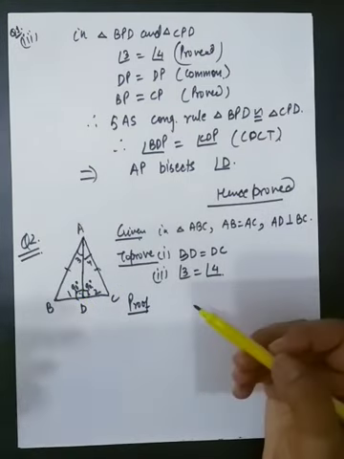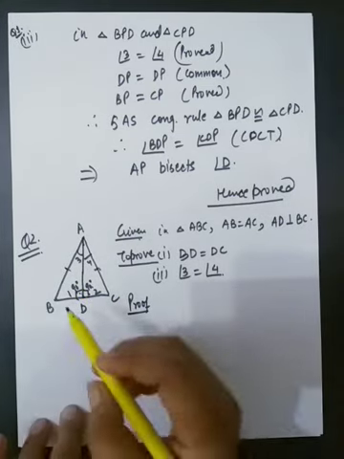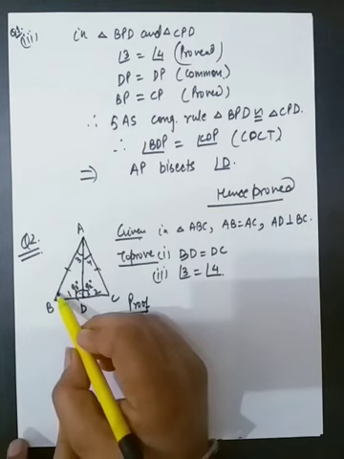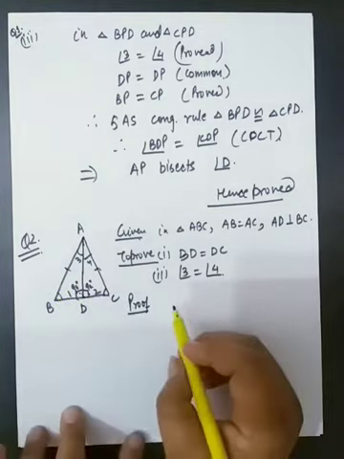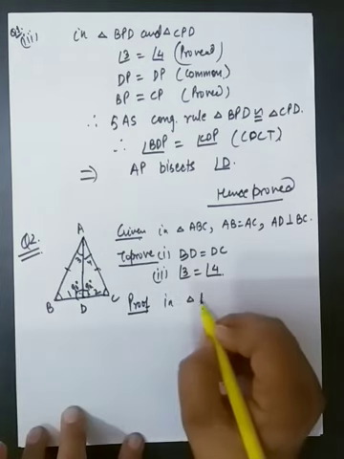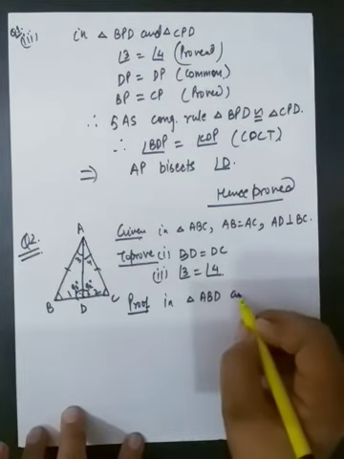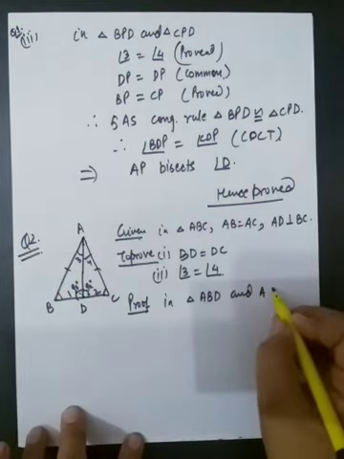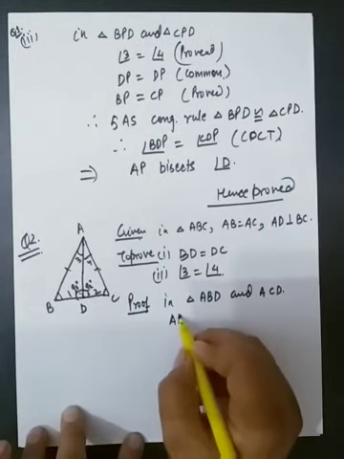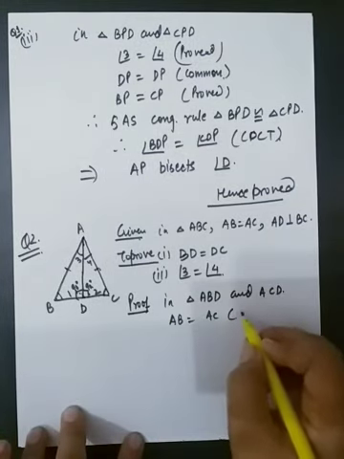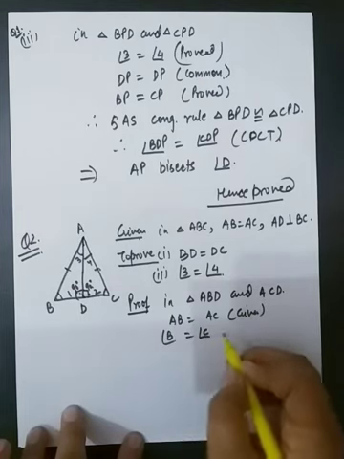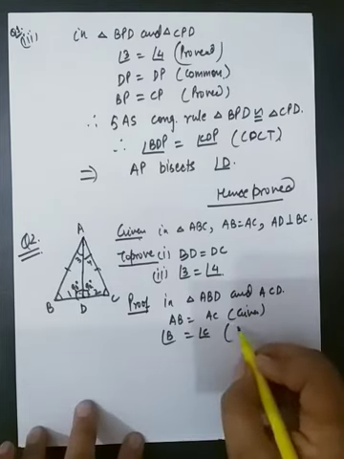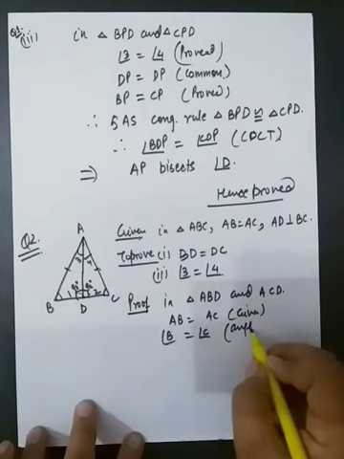So we have to change something and we will use angle B is equal to angle C in place of these two angles. In triangle ABD and ACD, AB is equal to AC. This is given. Angle B is equal to angle C, angles opposite to equal sides.